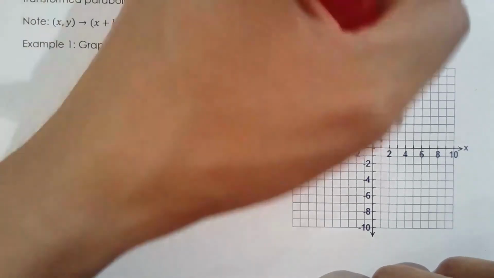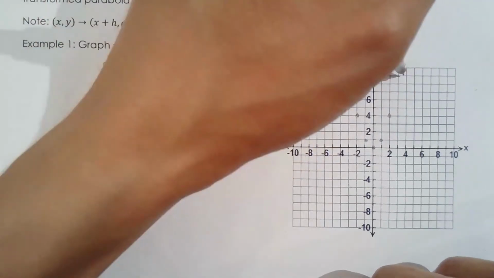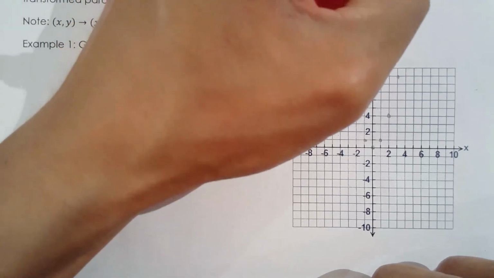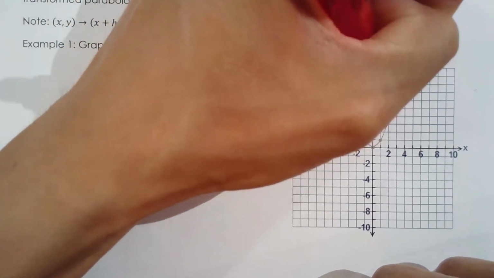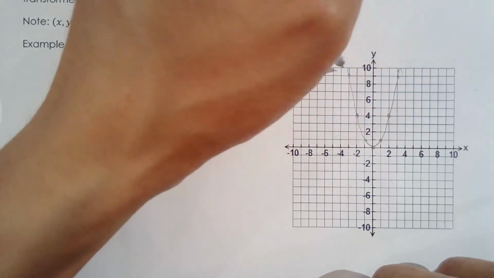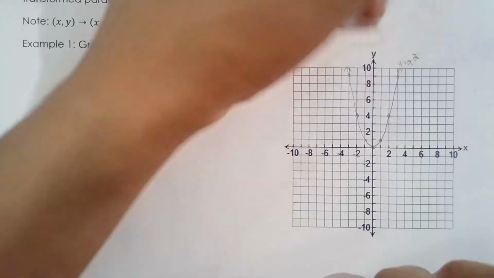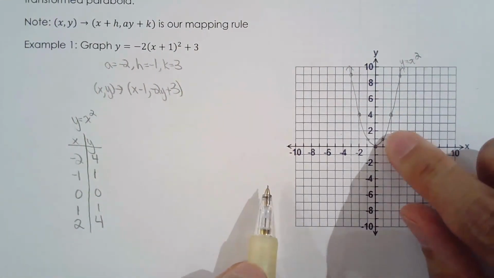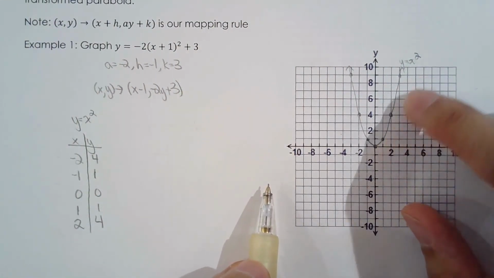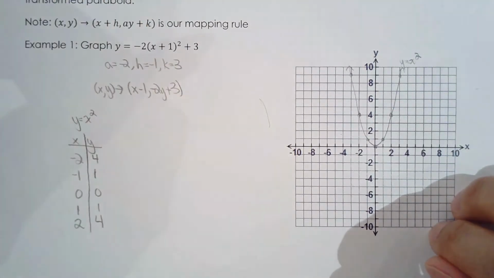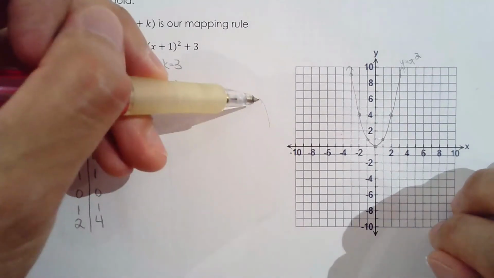Something looks a little weird. It's okay, we'll follow along. Okay, y equals x squared. You don't want to just grab these 3 points, because if you grab these 3 points and transform them, you're going to end up with something like this. That's your transformed parabola.